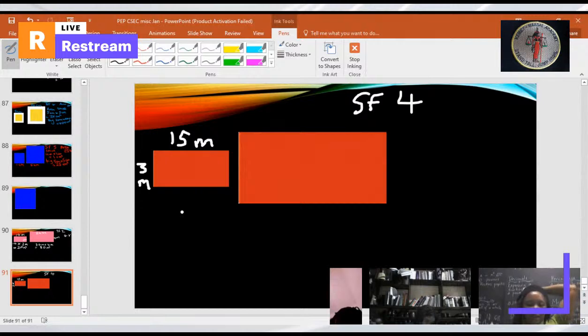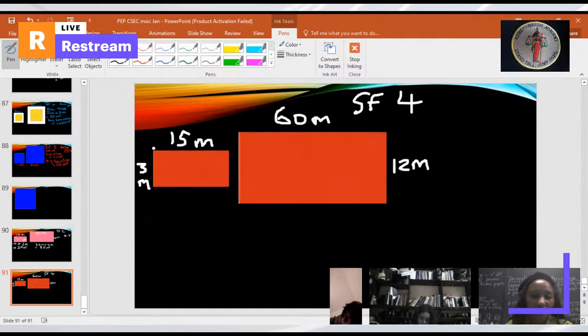So if it's a scale factor of 4, what would this length become now? It's 60 meters, because we're multiplying it by 4. And the width would become what? 12 meters, because 3 times 4 gives 12 meters. So let's work out the area.